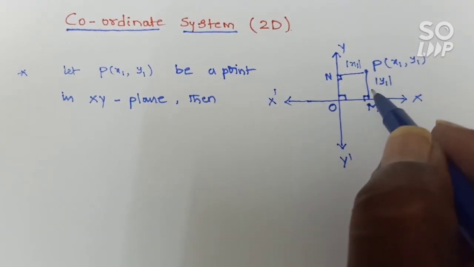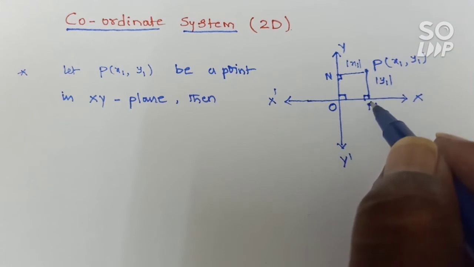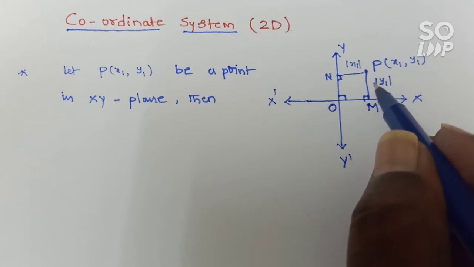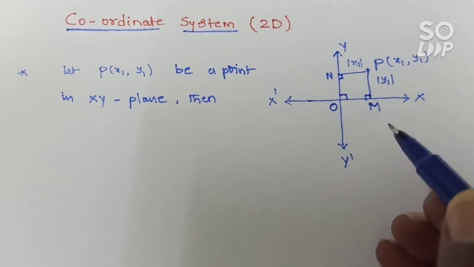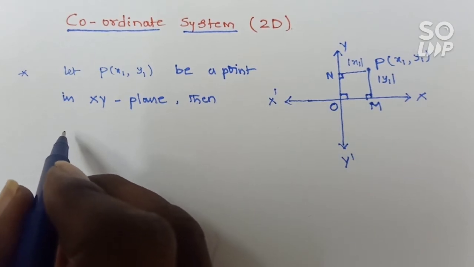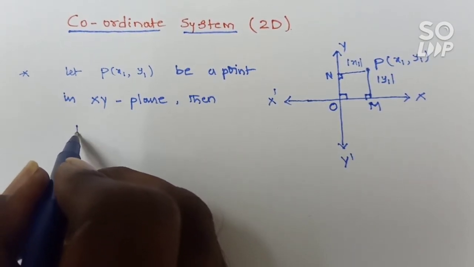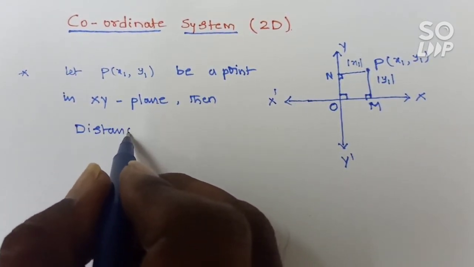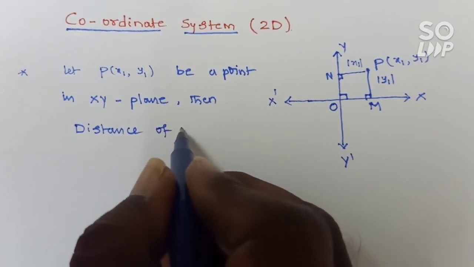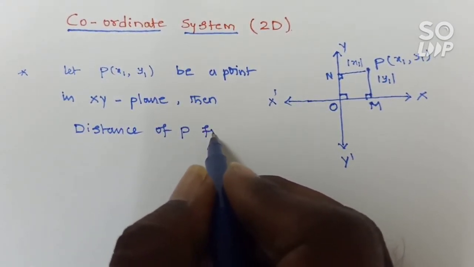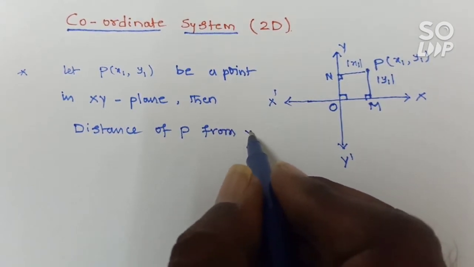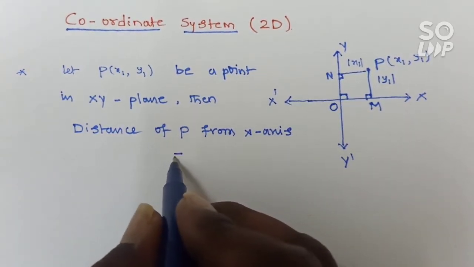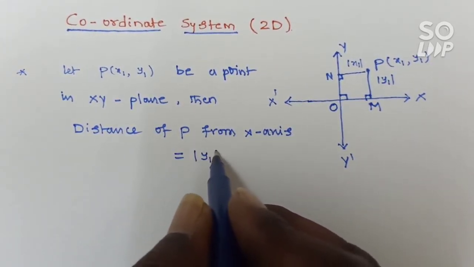Here the distance of P from the x-axis will always be measured as a positive value. So this value is nothing but modulus of y1. So here you write: distance of P from x-axis is equal to modulus of y1.